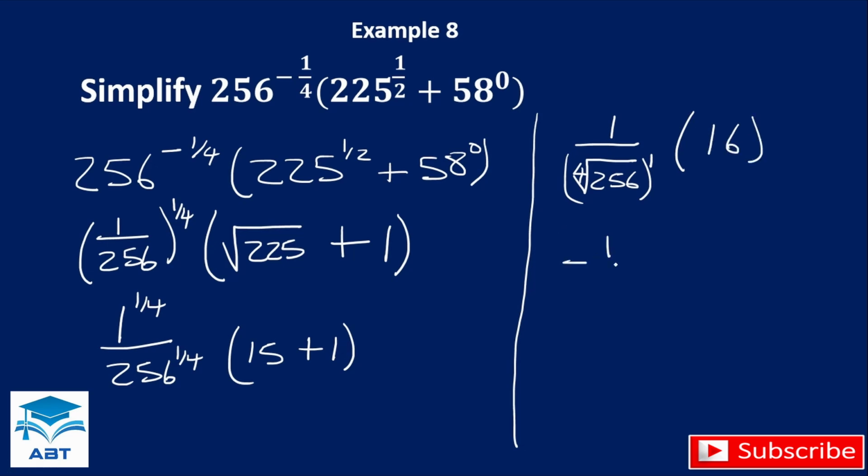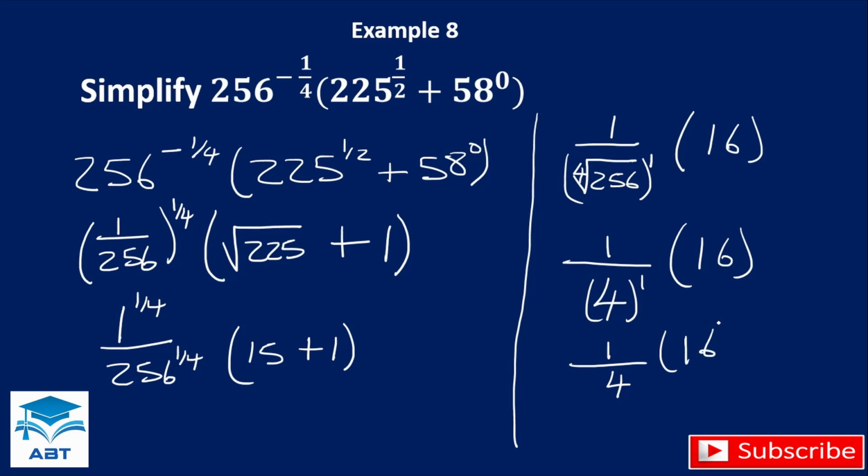So we have 1 over the fourth root of 256. It means what number can multiply itself 4 times to give you 256, and it's 4. We have an exponent of 1 here, and 4 exponent 1 is still 4. 16 divided by 4 is 4, and that is our final answer.